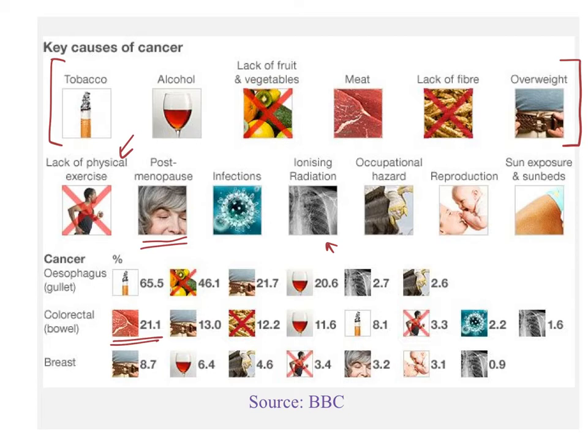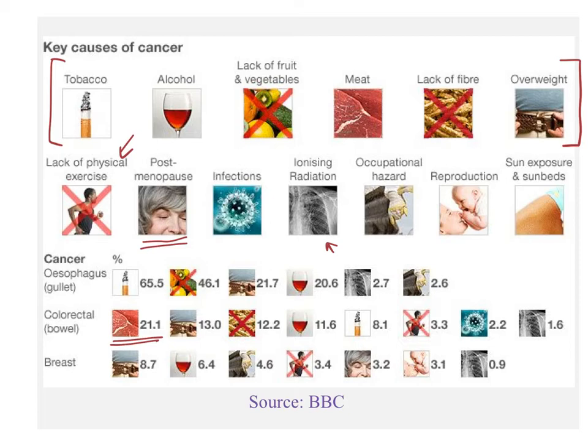This is also a specific problem with people who spend a lot of time closer to the edge of the atmosphere. So pilots are exposed a lot more to ionizing radiation from the sun, for example. Occupational hazards might have an impact if you work with chemicals, fertilizers, things like that. You could be more at risk.